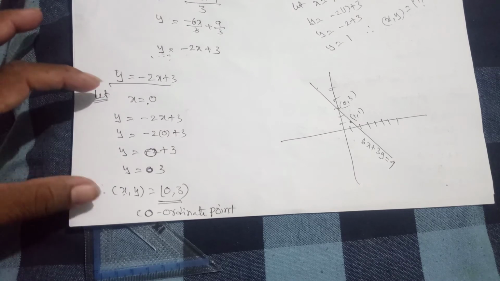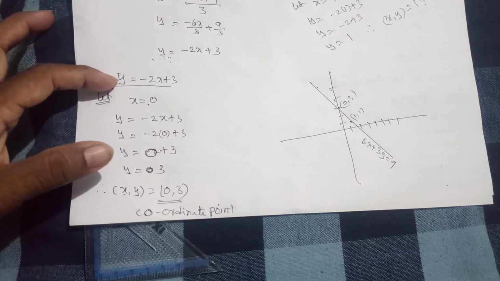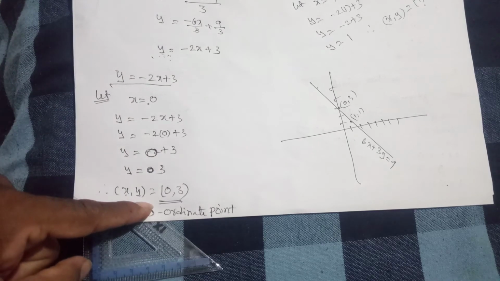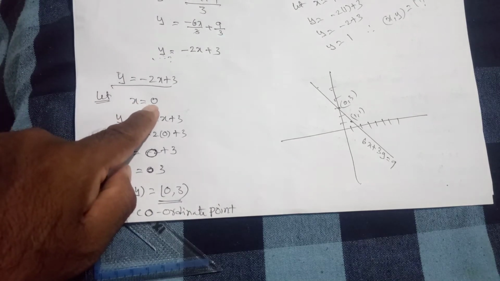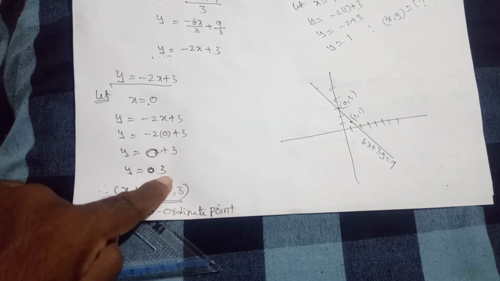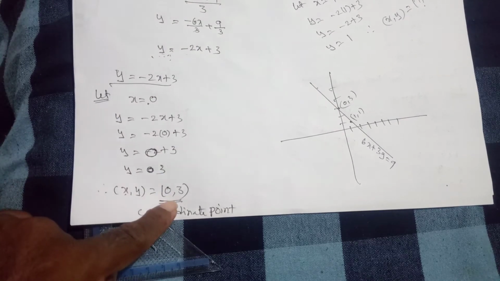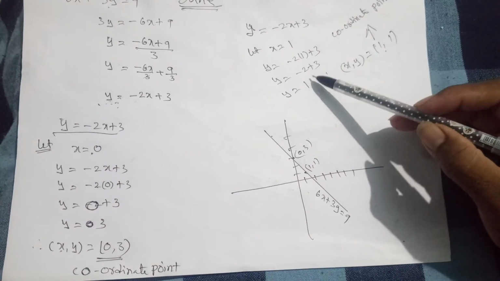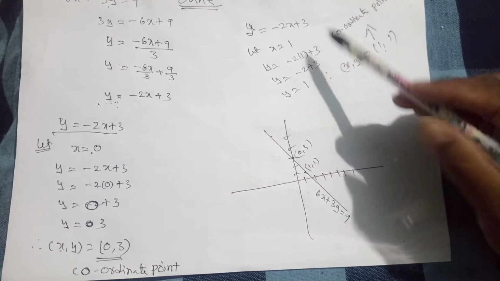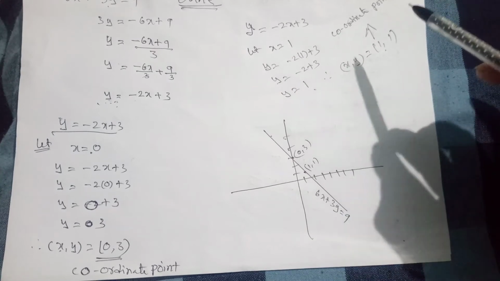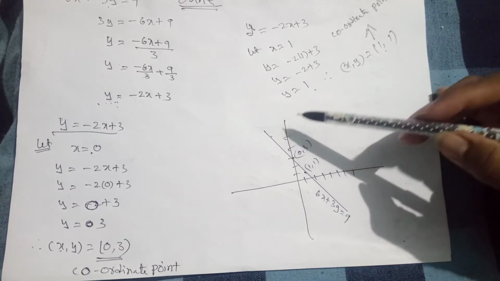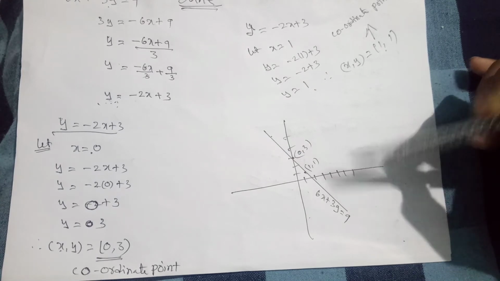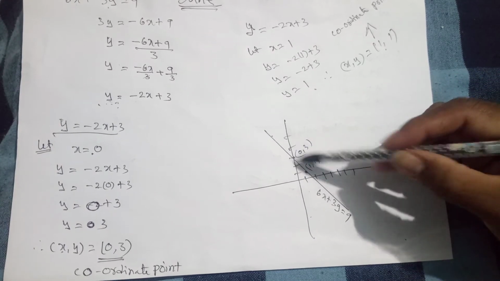The third step is to take the equation and find one coordinate point by choosing x value 0 and obtaining the y value. You will have a coordinate point. In the same way you can find another coordinate point by the same process. Now with the 2 points on a graph you can draw the line passing through the 2 points.